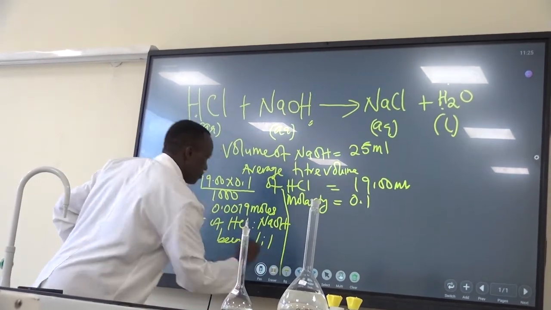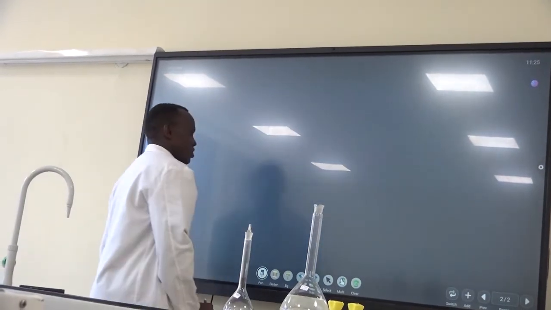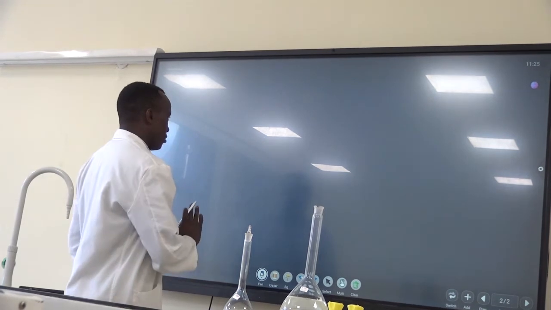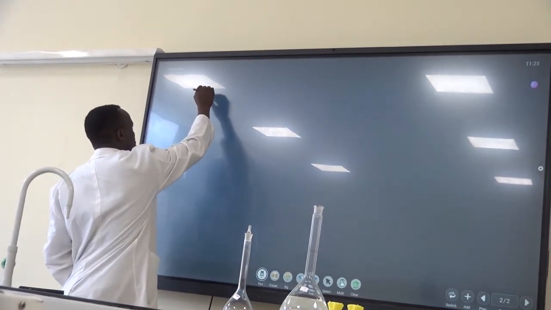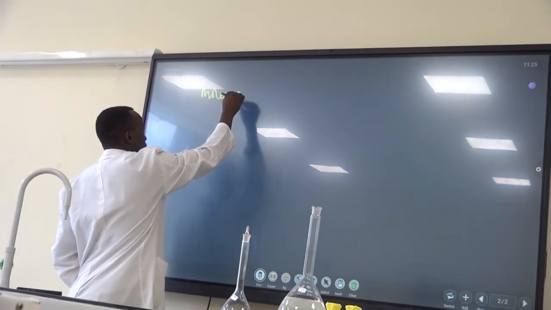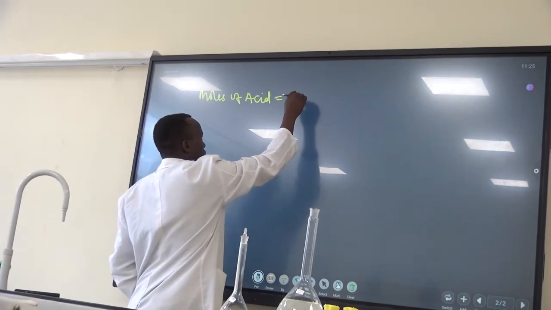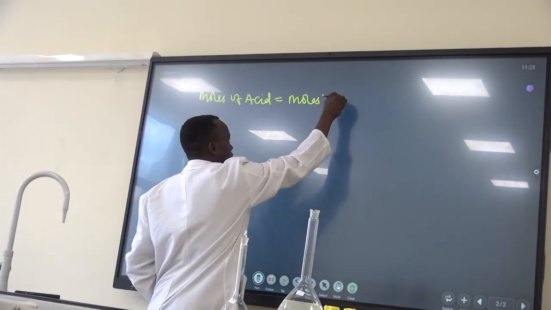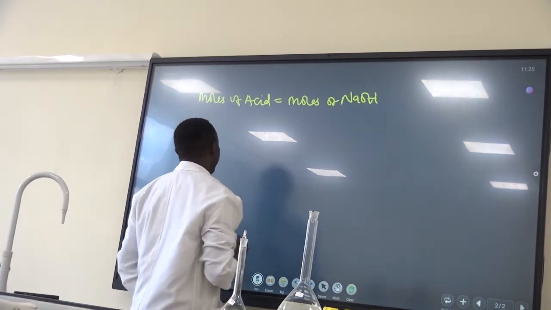so we can now calculate. We say moles of acid is equal to moles of sodium hydroxide.